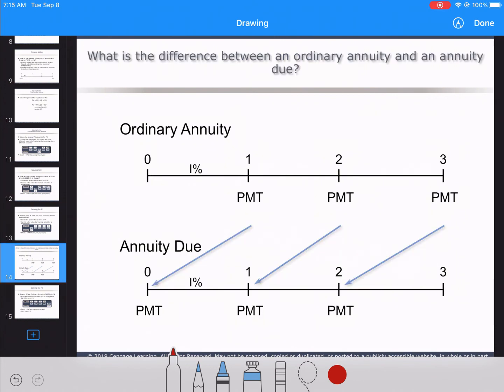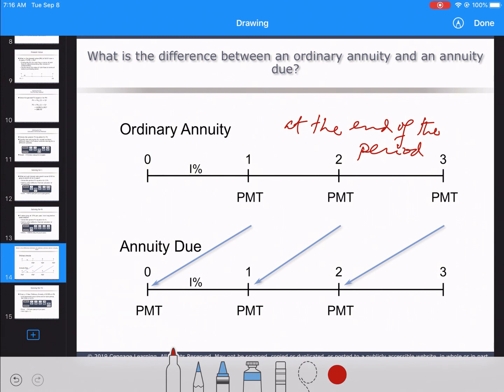Now let us move from lump sum to annuity. There are two kinds of annuity. One annuity is the one that I showed before, where you get payments at the end of the period, and then once you get payments like that, that's one.